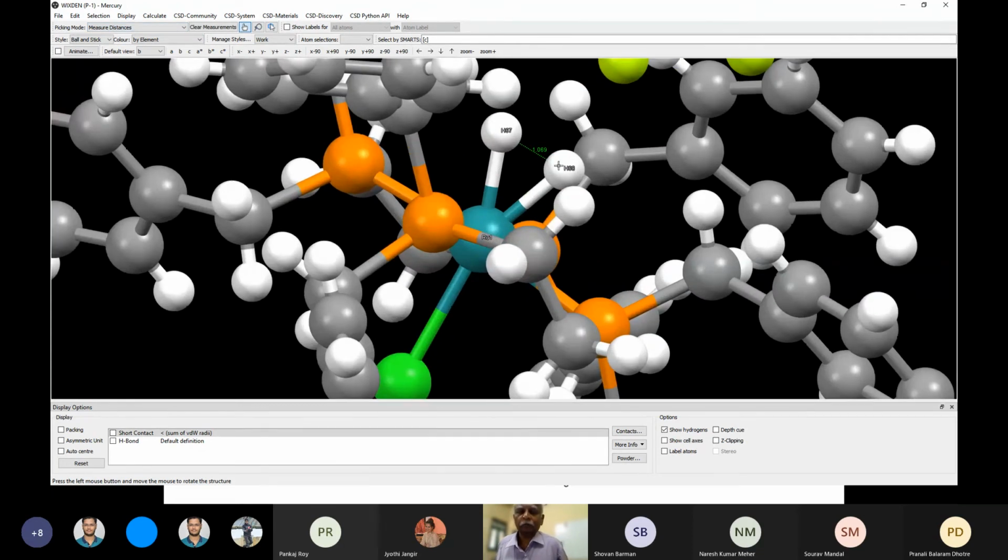This is now 1.069, so that is 106 picometers. Okay, 106 picometers. It's way above 74 picometers. So this is still not very close. As I told you, dihydrogens start after 1.6 angstroms. So this is still a dihydrogen complex. It is still classified as a dihydrogen complex.